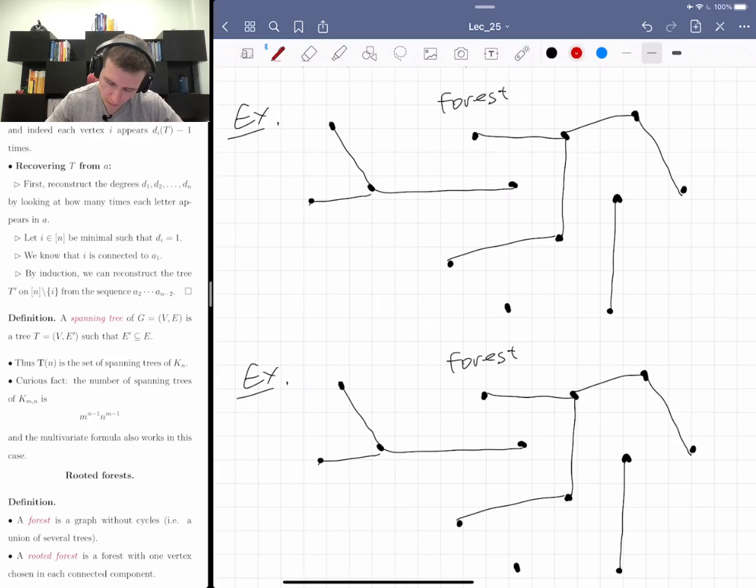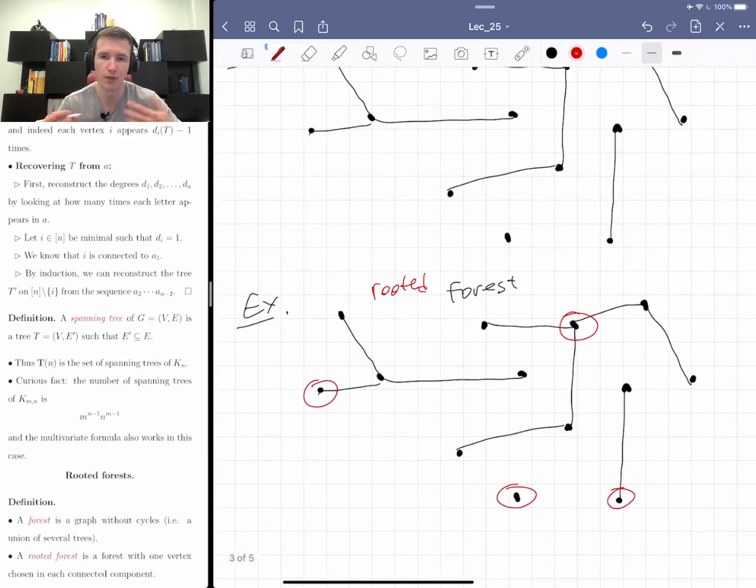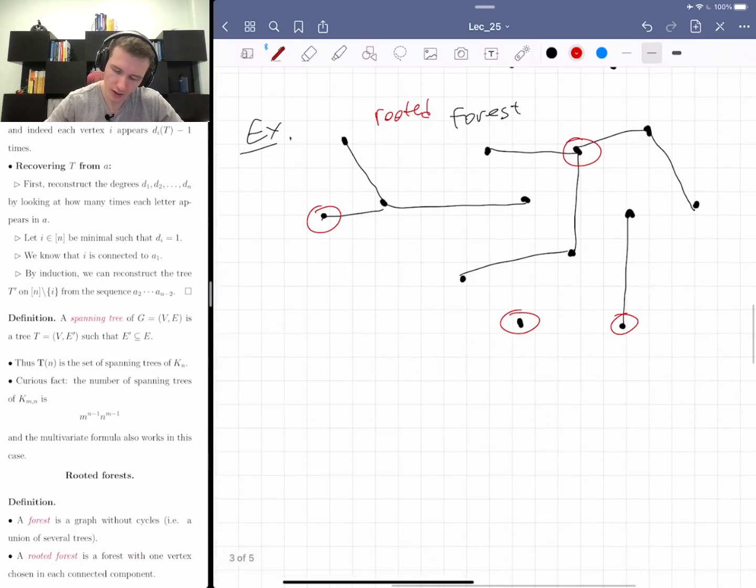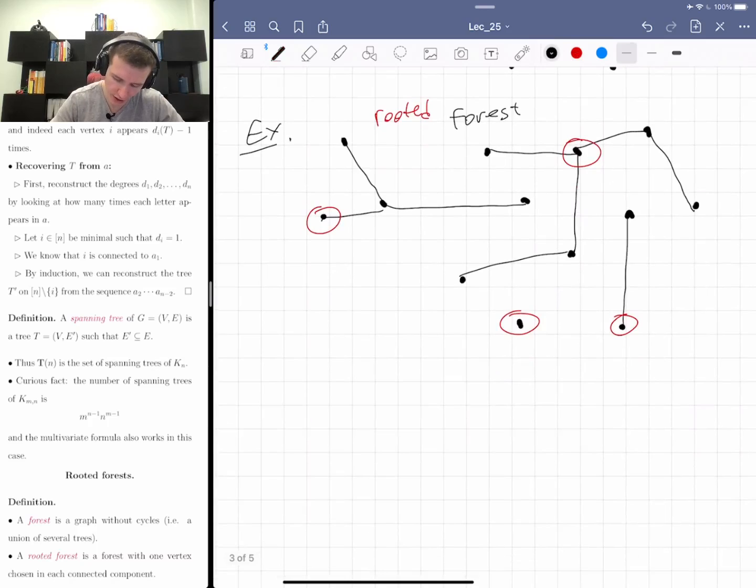For a rooted forest, I need to pick a root, and I can do it in an arbitrary way. But I have to pick exactly one root in each connected component. So it's a very simple object. Let me now ask a question.